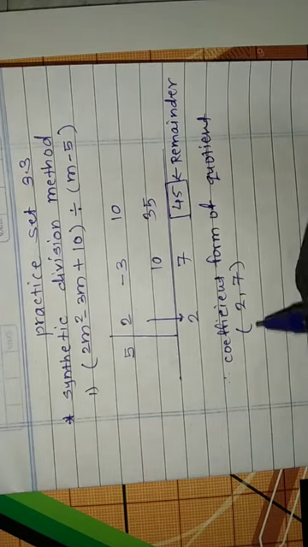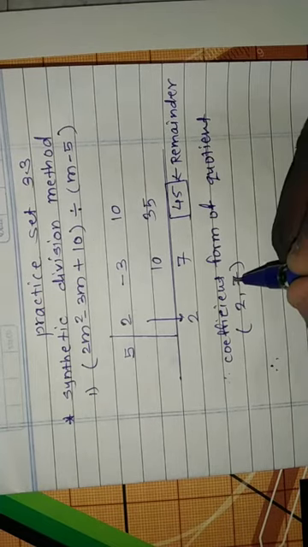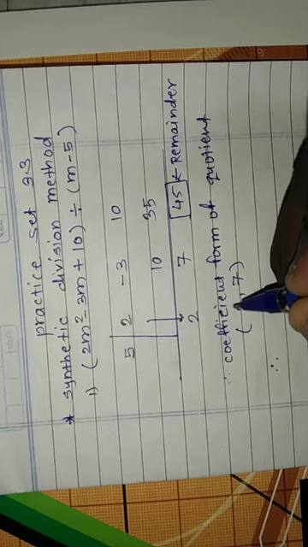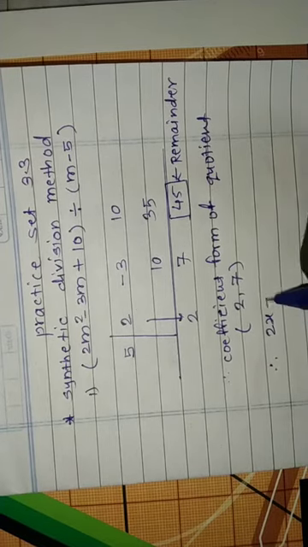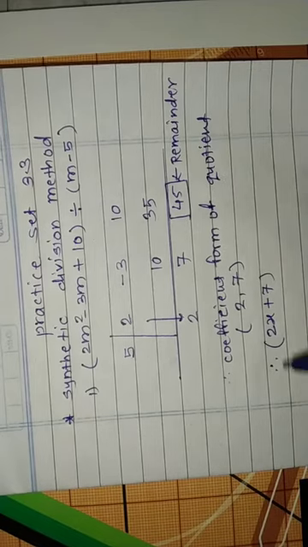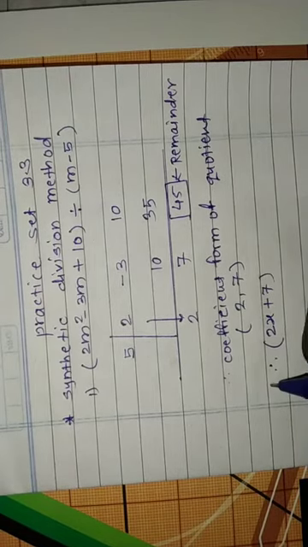This is the 0th index and this one is the first index, so we write 2x plus 7 as our quotient.